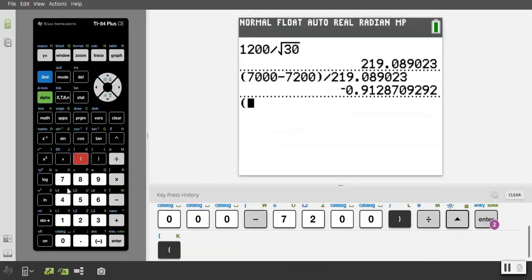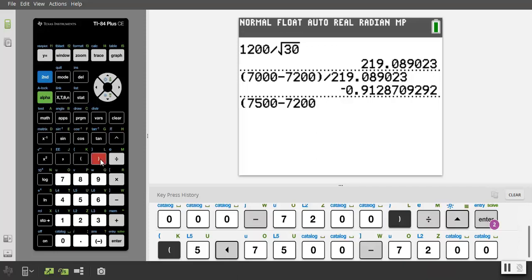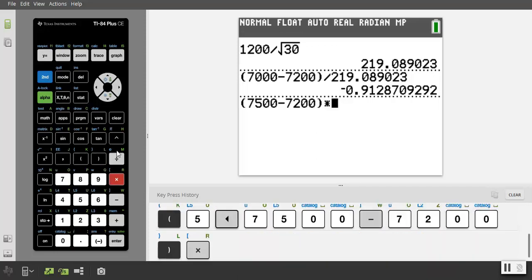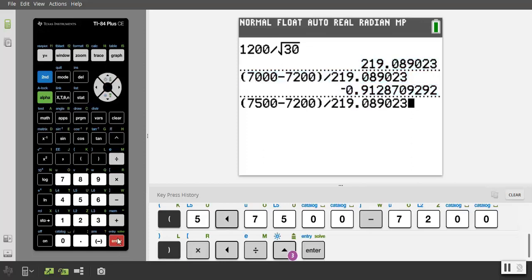So we have 7,500 minus 7,200, all divided by the standard error. We'll just grab that because we already have it. Okay, so that's going to be 1.3693.